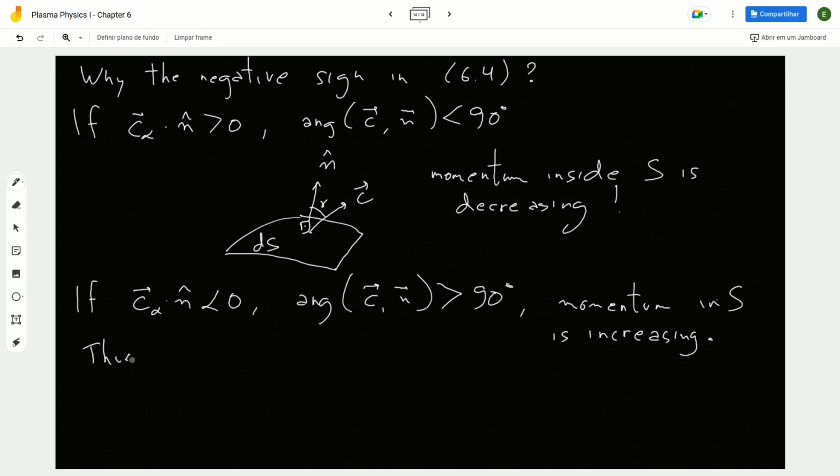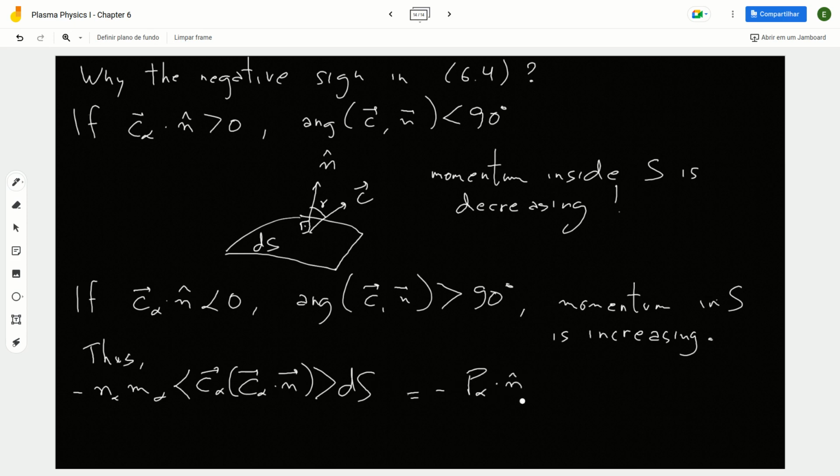This minus n alpha C alpha dot n, this quantity times the S, that's just like this, right?